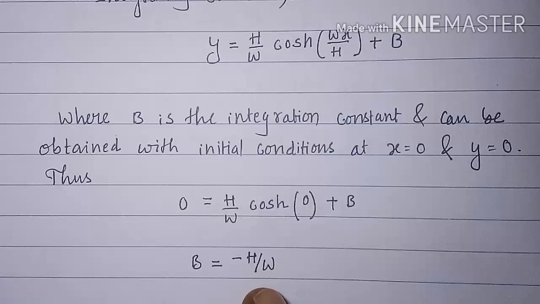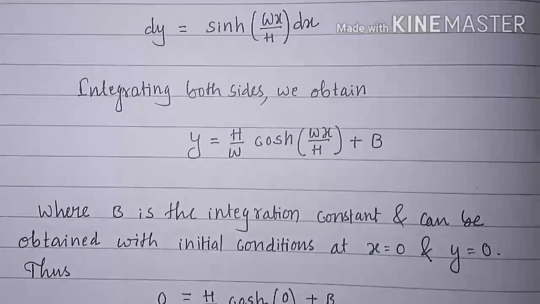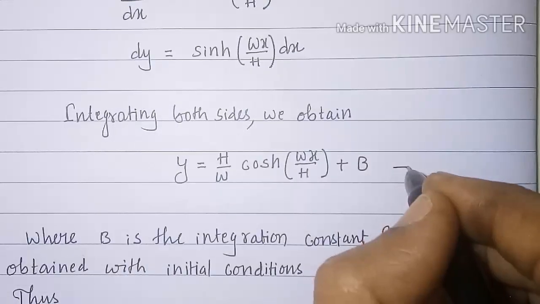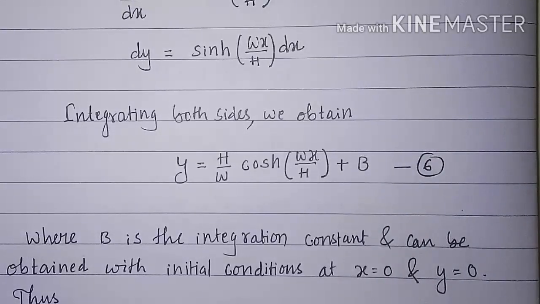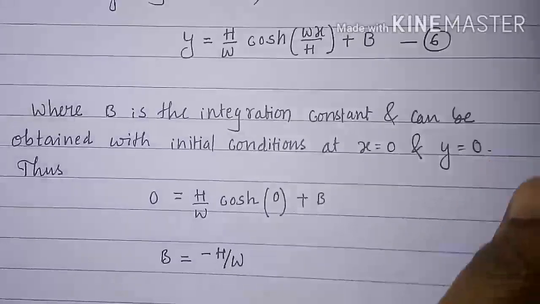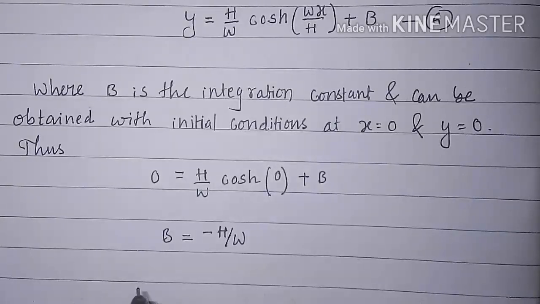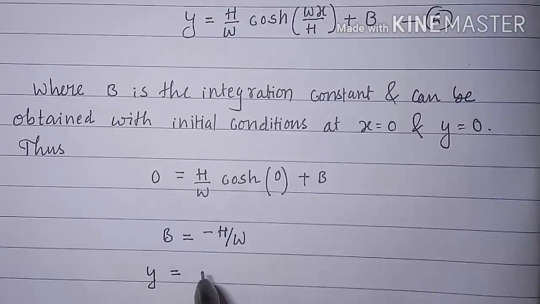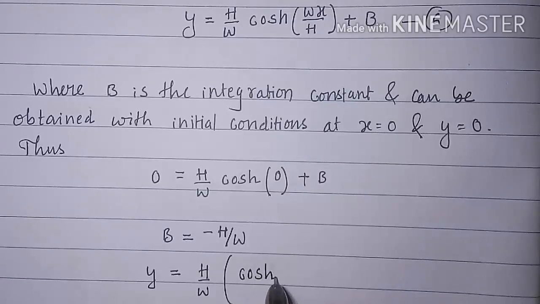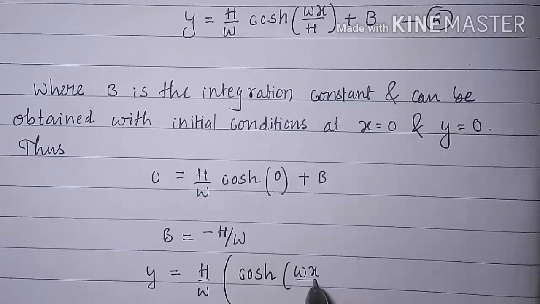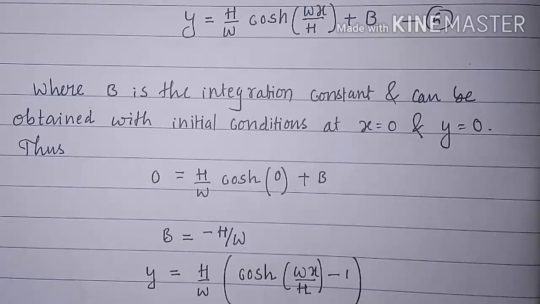Now putting b value in the expression for y here, let us call it as equation 6, we get y equal to h by w inside the bracket cosh of wx by h minus 1, and let us call this as equation 7.